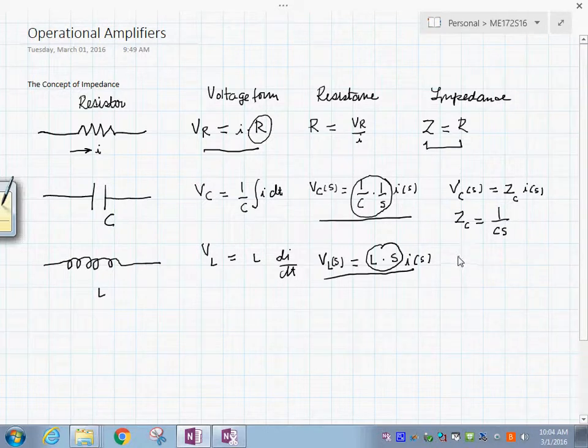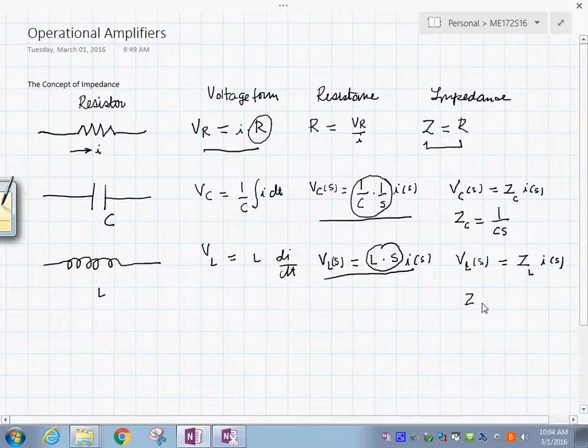So the impedance of the inductor is going to be L times S. So this is just a different form of writing the equations of the three elements, but all three elements follow the same format as this original equation.